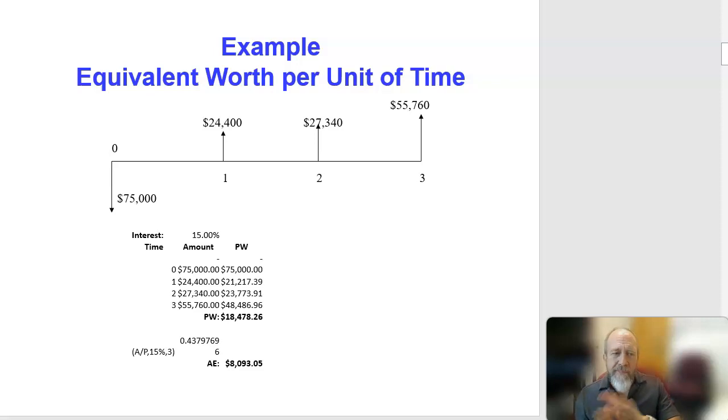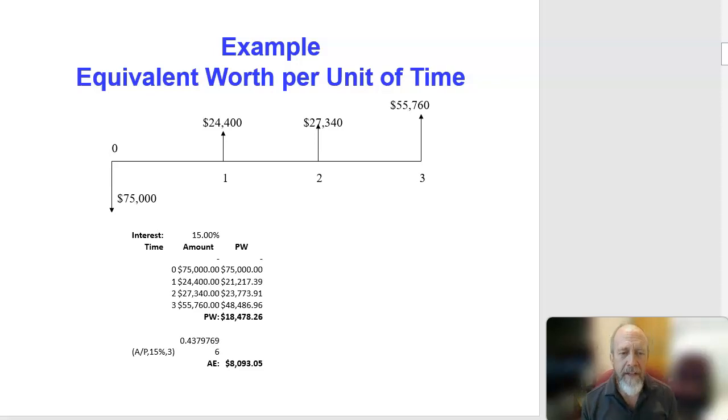Now, we're going to take that. That's pretty straightforward. We can calculate the annual equivalent. Get the present worth, A over P. We're using 15% here, 3 years. Pretty straightforward: 8093.05. You should be able to do that calculation.